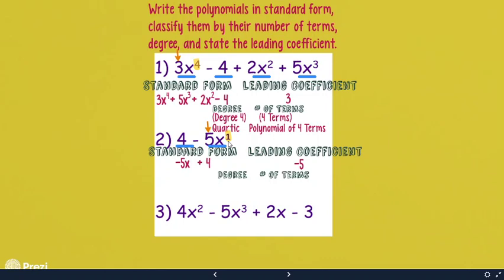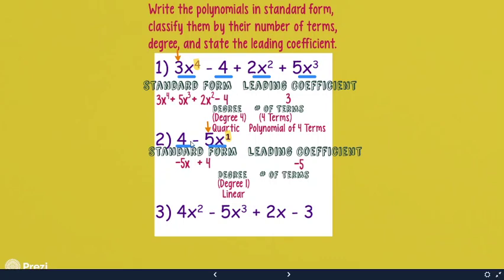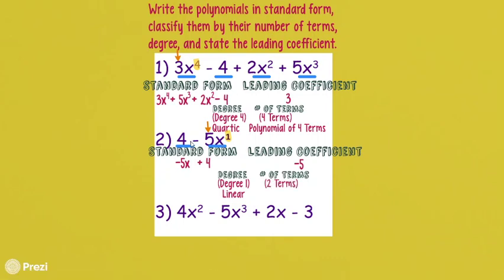So my highest exponent is degree 1. Okay, and the special name for degree 1 is linear. So it's linear, and I have a total of 2 terms. So the special name for a polynomial with 2 terms is a binomial. So this is a linear binomial.